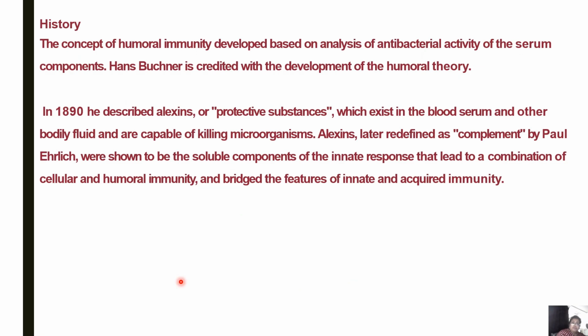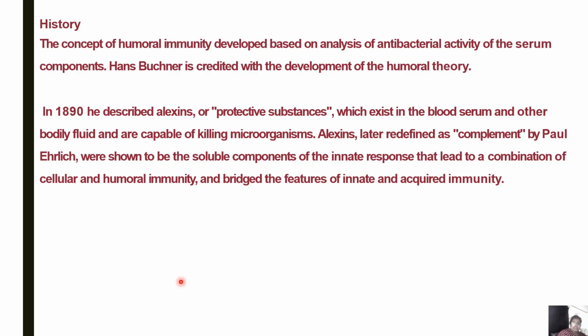Now, the concept of humoral immunity developed based on analysis of antibacterial activity of the serum components. Hans Buchner is credited with the development of the humoral theory. So, in 1890, basically he described alexins or protective substances which exist in the blood serum and other bodily fluids and are capable of killing microorganisms.